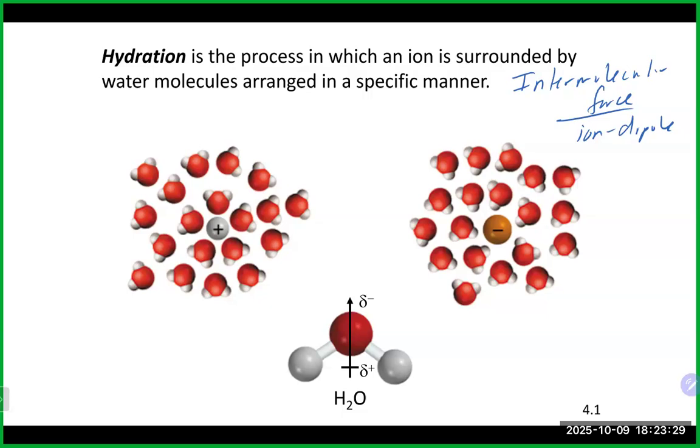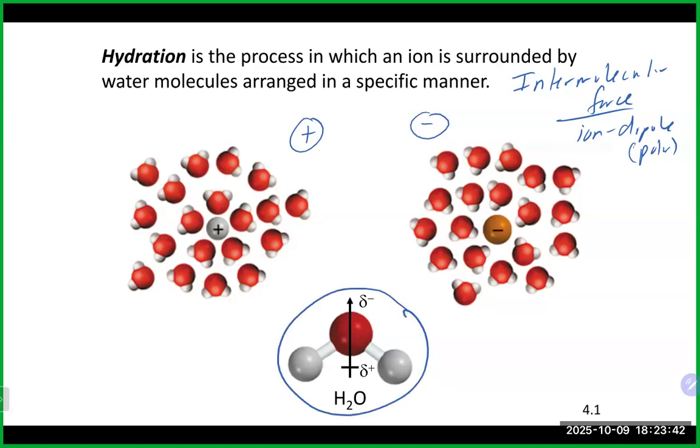Dipole we find in polar molecules like water, right? So that's where we find polar molecules. And basically what happens is if you have a positive ion and a negative ion, because water, for example, is a polar molecule, that means when we look at water, there is a positive side and a negative side. The oxygen is more negative, the hydrogen side is more positive.